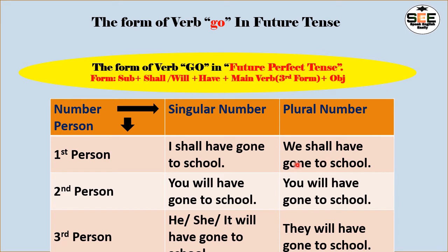And gone is the past participle form of main verb go, and school is the object. So we shall have gone to school.